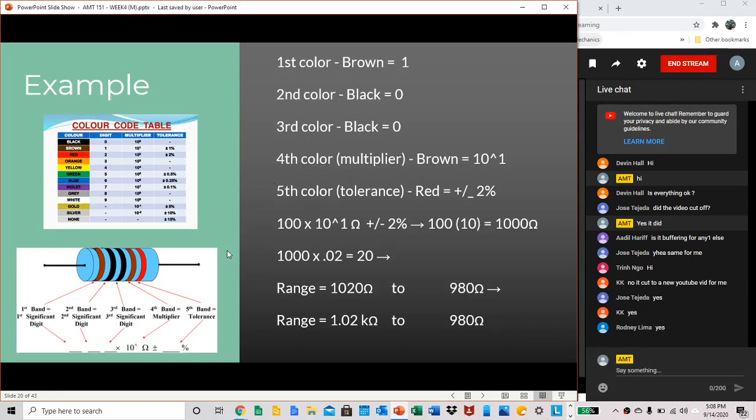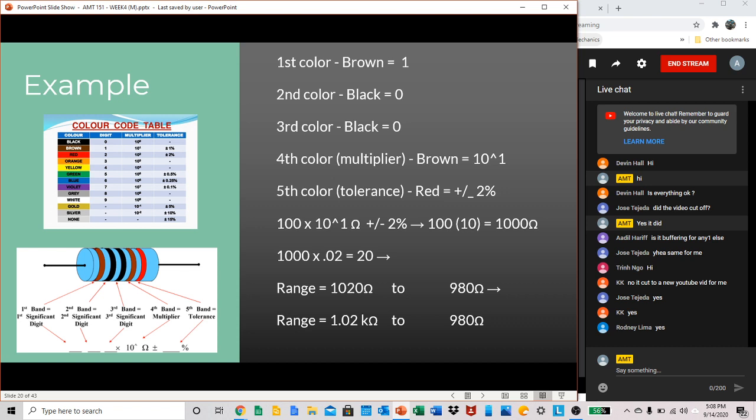So this is a different color code table from what was in that previous video I showed you. But anytime you are calculating resistance for resistors, you will be using whatever table is attached to your project or your test, or the table will be given to you.